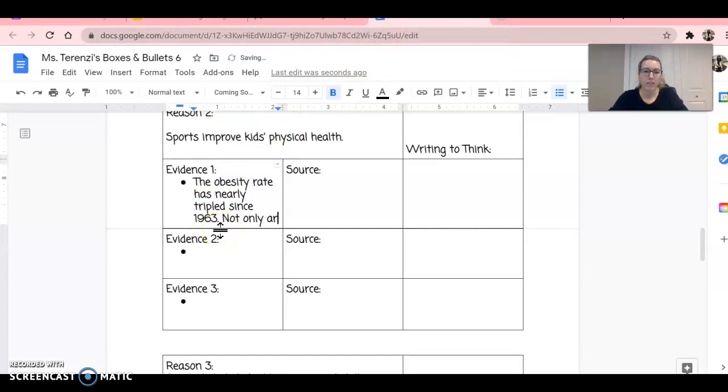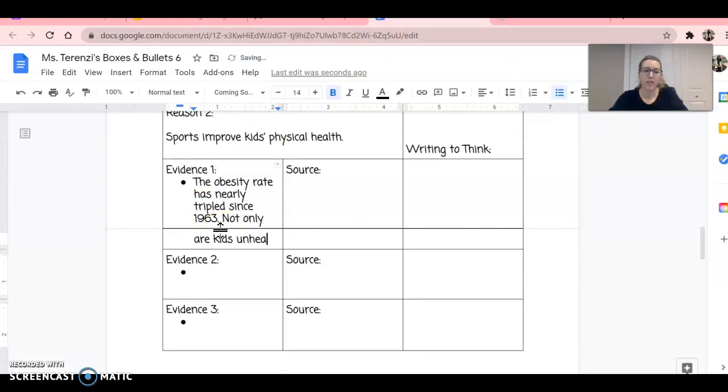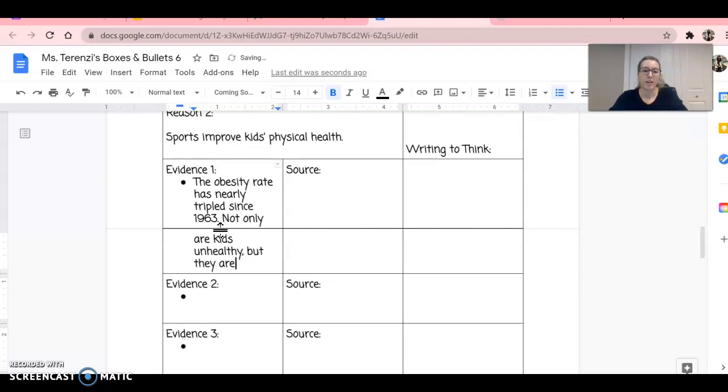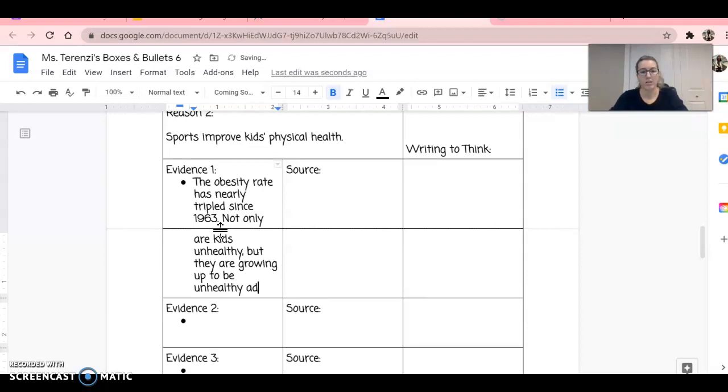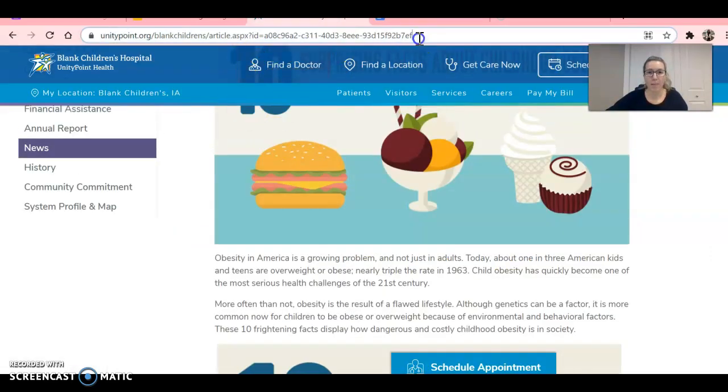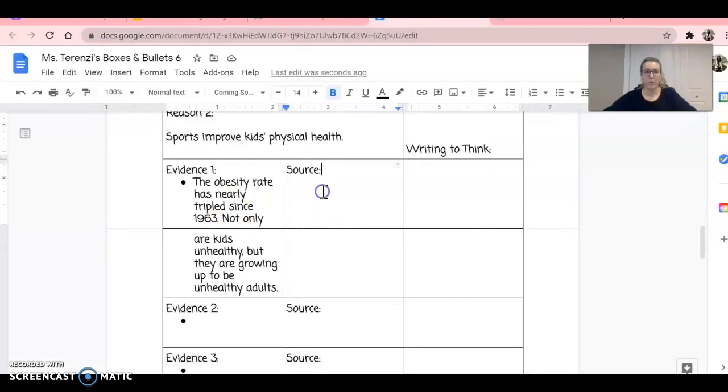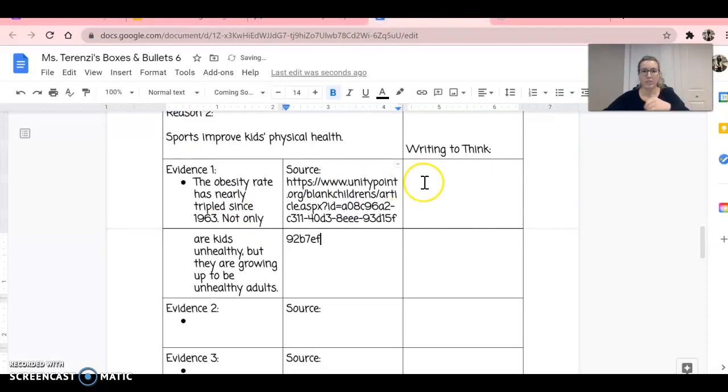Not only are kids unhealthy, but they are growing up to be unhealthy adults. That piece of information is very important because it shows that there is a problem going on with kids' physical health. Now, I can't forget to include my source, so I'm going to copy my address or my URL. I'm going to put that in my source, okay?